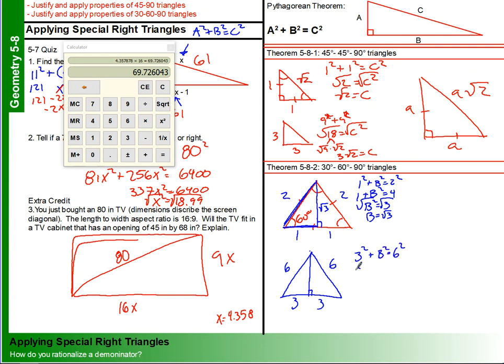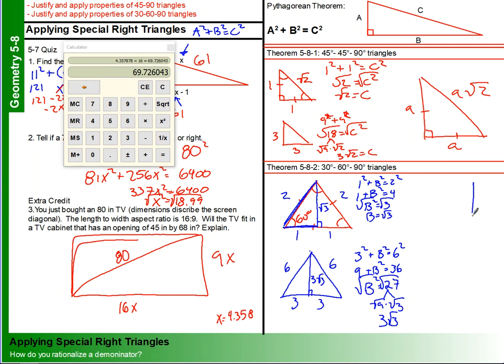So 3 squared is 9 plus b squared is equal to 36. Subtract 9 from both sides. So I get b squared is equal to 27. Square root. So we have the square root of 9 times the square root of 3. The square root of 9 is 3. I think I see a pattern.